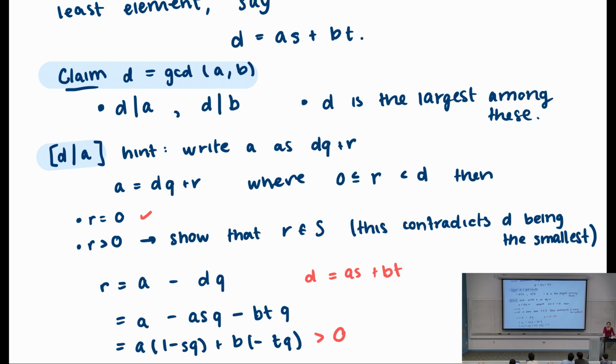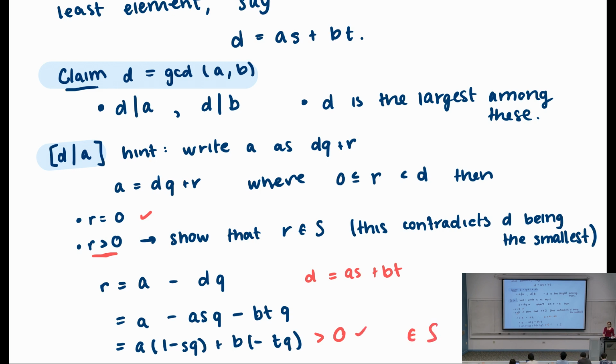Does anyone see why? Oh yeah, our assumption is that r is greater than 0. Yeah, so r already was, right, so r is the remainder of the division algorithm, so it automatically has to be greater than 0. Okay, so yes.